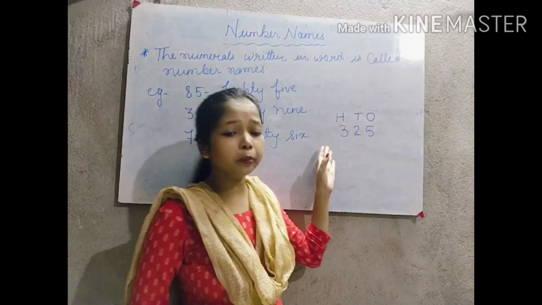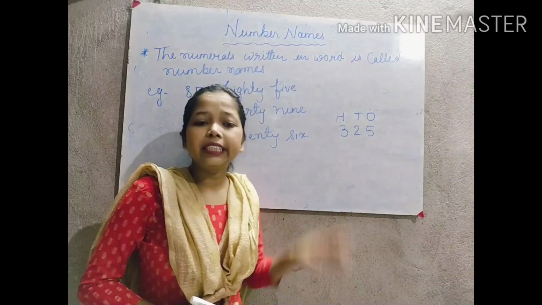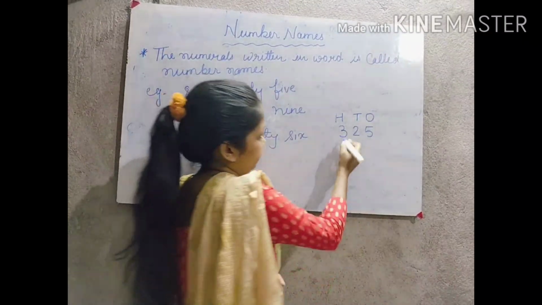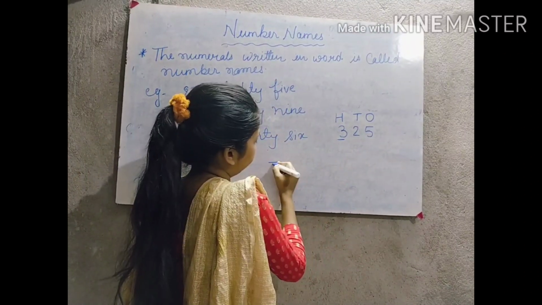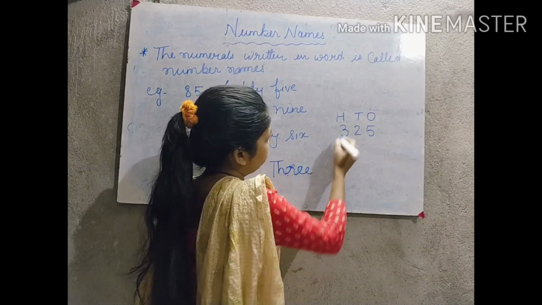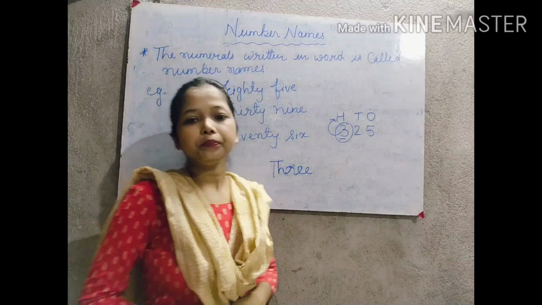See the number? So we will write 3, then its place, that is hundreds. That is the hundreds place.